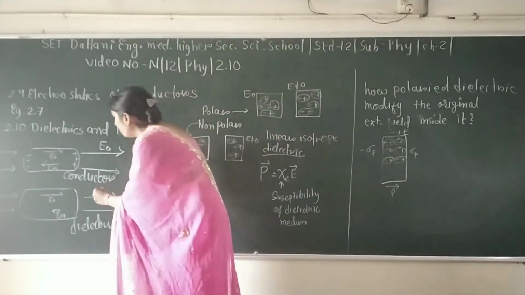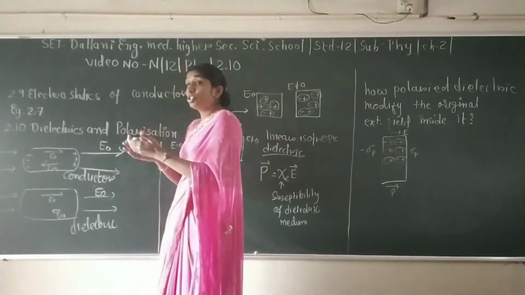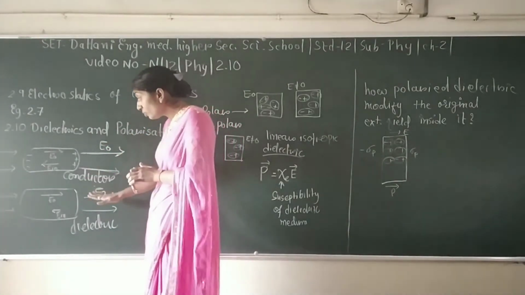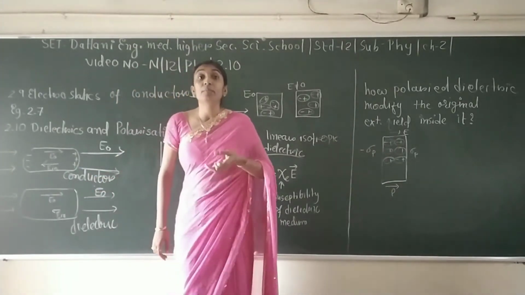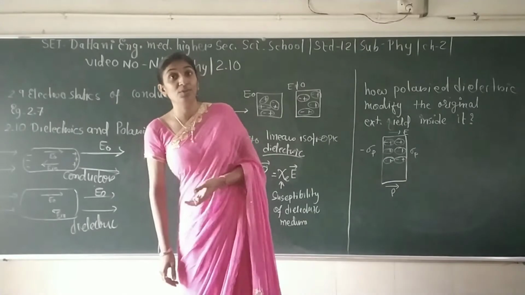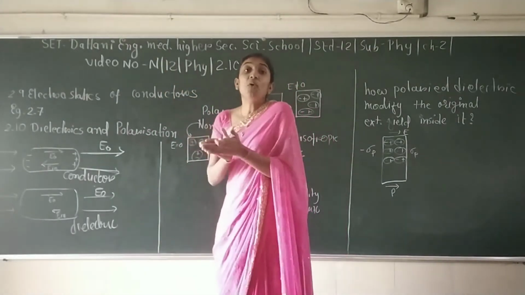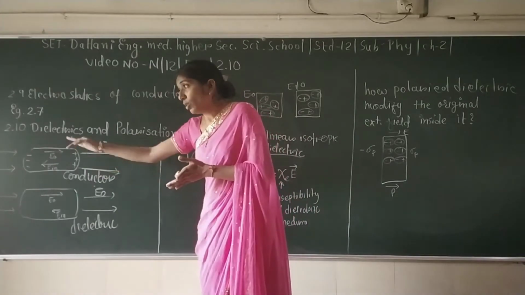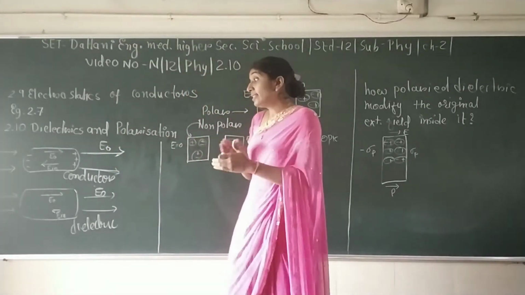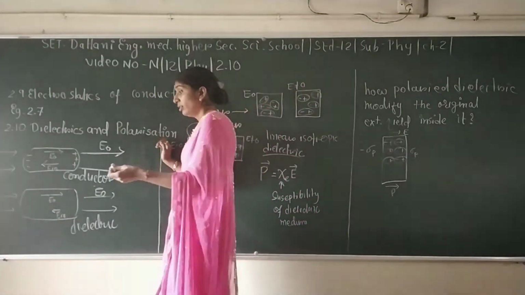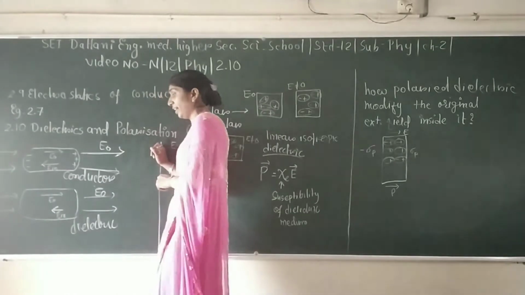What happens if I put this dielectric substance into the external electric field? This dielectric material does not have free charge carriers. Therefore, there won't be any net charge on the sides of this dielectric, but it is somehow able to induce a certain electric field inside it.